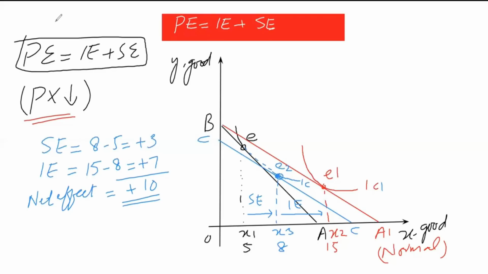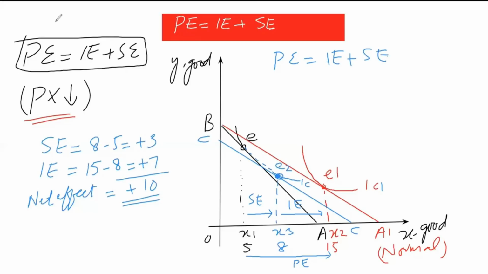Okay, now we have separated the income and substitution effects in this overall situation, and we can now prove that price effect is equal to income effect plus substitution effect. In this scenario, price effect is from X1 to X2, so 15 minus 5 is our price effect.